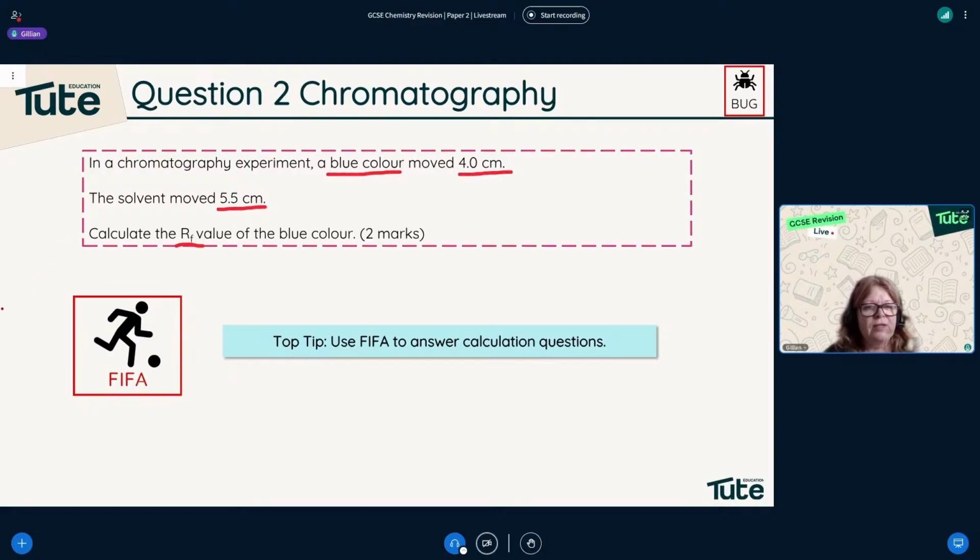So this RF value is the retention factor. It's the ratio of the distance moved by a compound to the distance moved by the solvent. And these RF values can be used to identify unknown chemicals if they can be compared to a range of reference substances.